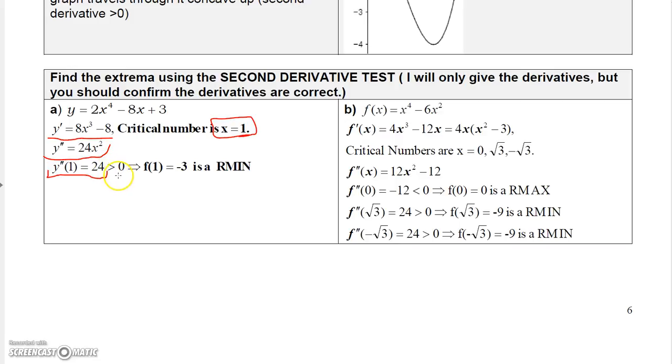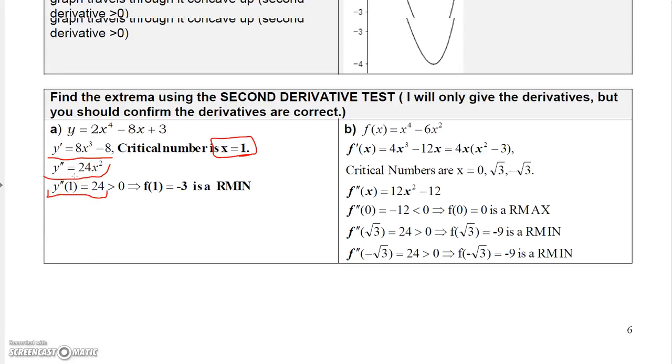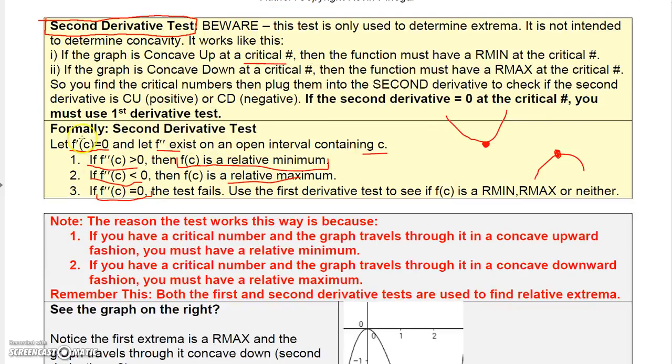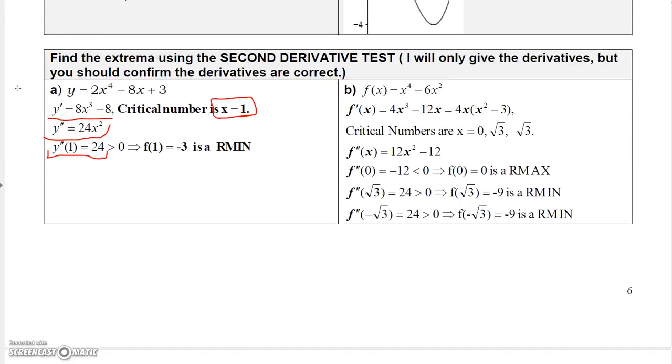Now, is 24 positive or negative? Well, obviously 24 is positive. Okay, well what does it say if the second derivative is positive at a critical number? Well, that would be number 1. If the second derivative is positive at a critical number, then f of that number is a relative minimum.